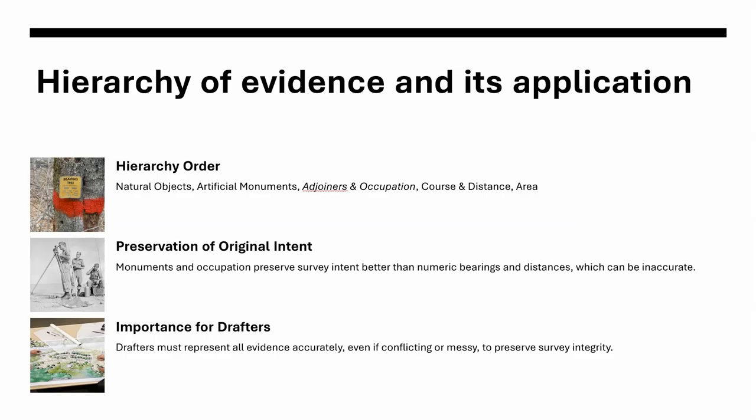You cannot delete a fence just because it looks messy. And you cannot ignore a river's bend just because it complicates closure. Your job is to preserve all evidence, leaving it to the surveyor and sometimes the court to decide how this evidence should be weighed.